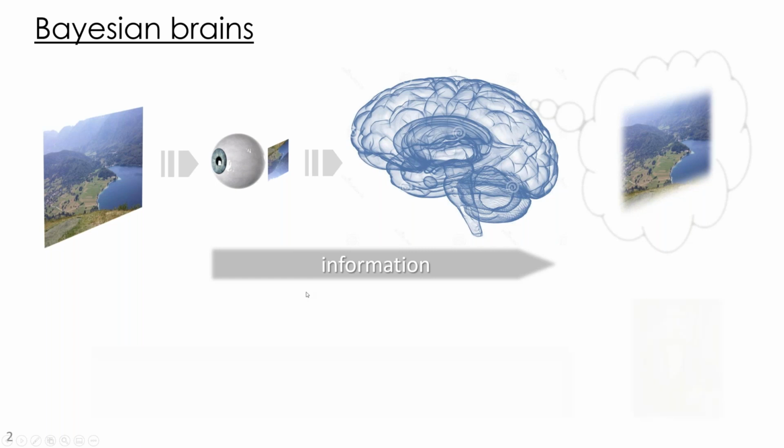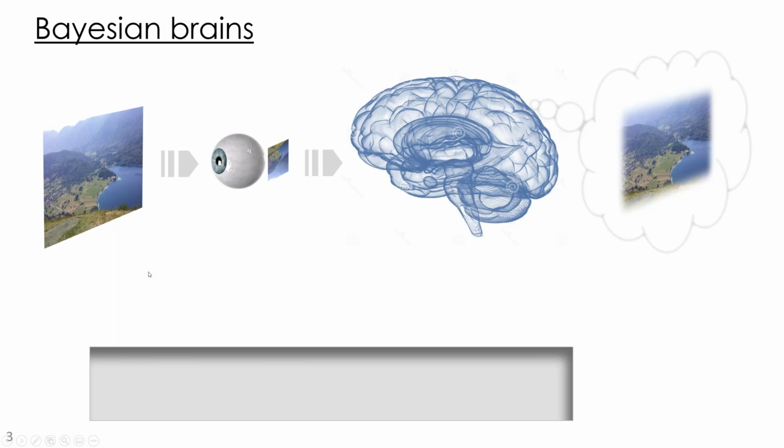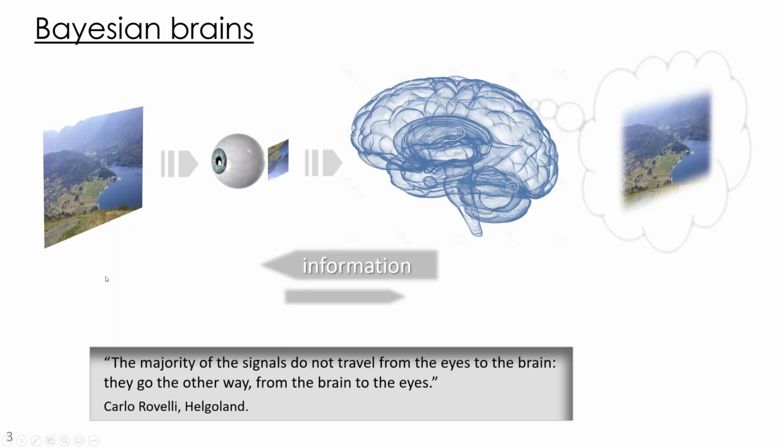But as long ago as the 1850s, the very clever Hermann von Helmholtz, physicist and physician, realized that that couldn't possibly be what actually happens, because your eye does not create enough information to do that. So he came up with the idea of unconscious inference, realizing that your brain must actually be doing a lot more of the work. Modern brain scanning methods have now indicated that most information flows the other way.